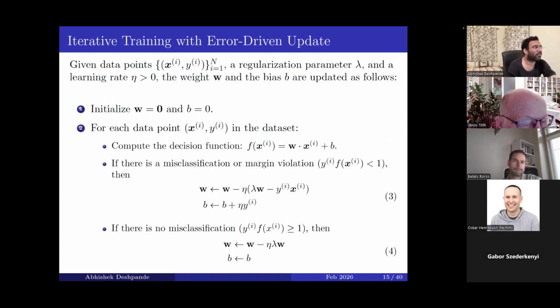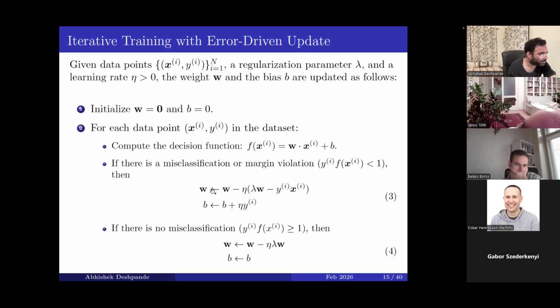So the idea is to do the following. Let's say we initialize W as something and B as something. What we do is compute the decision function for each data point xi, yi in the data set. So f of xi is W times x plus B. And if there is misclassification, which means that the product of y with f of xi is less than 1, then by calculating suitable gradients, you can change the W and the B vector in the following fashion.